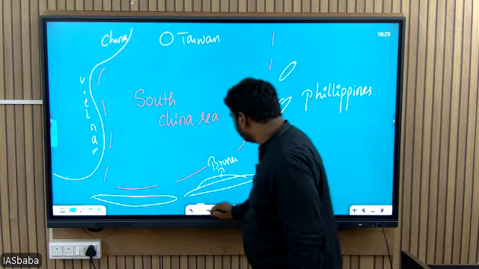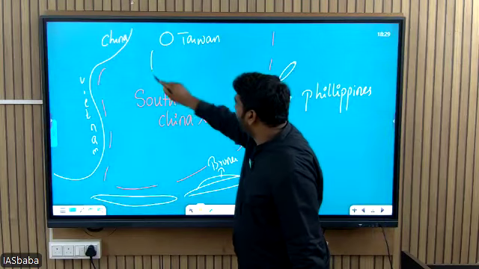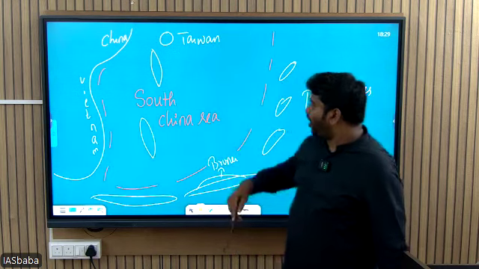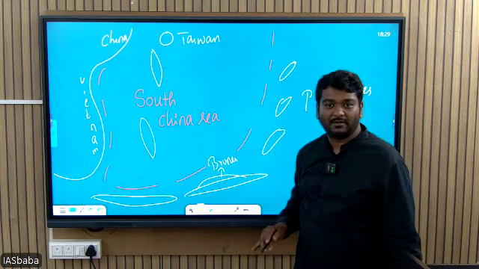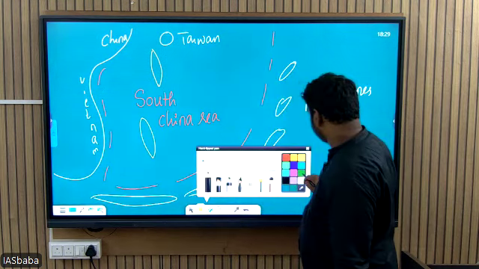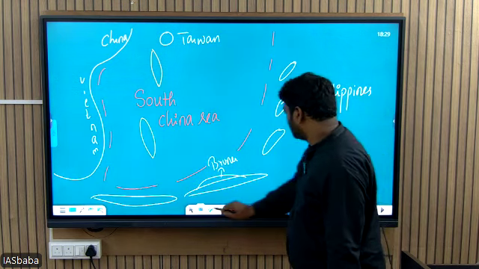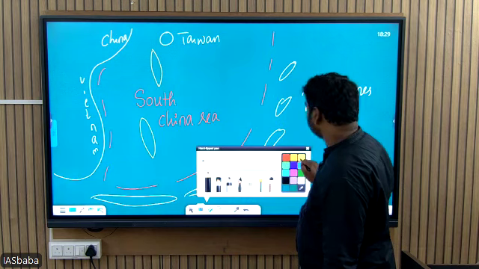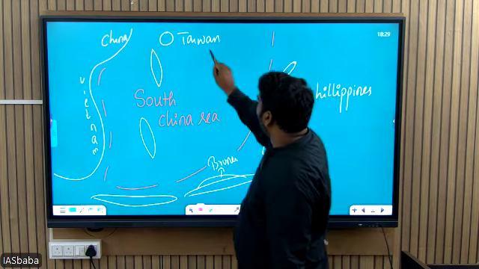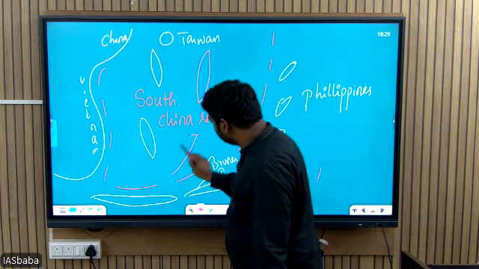Now what happened? Here, who is there? Taiwan. China brought big ships here and told all this belongs to me. Who will come to protect? It was at this point that the US came with bigger ships.